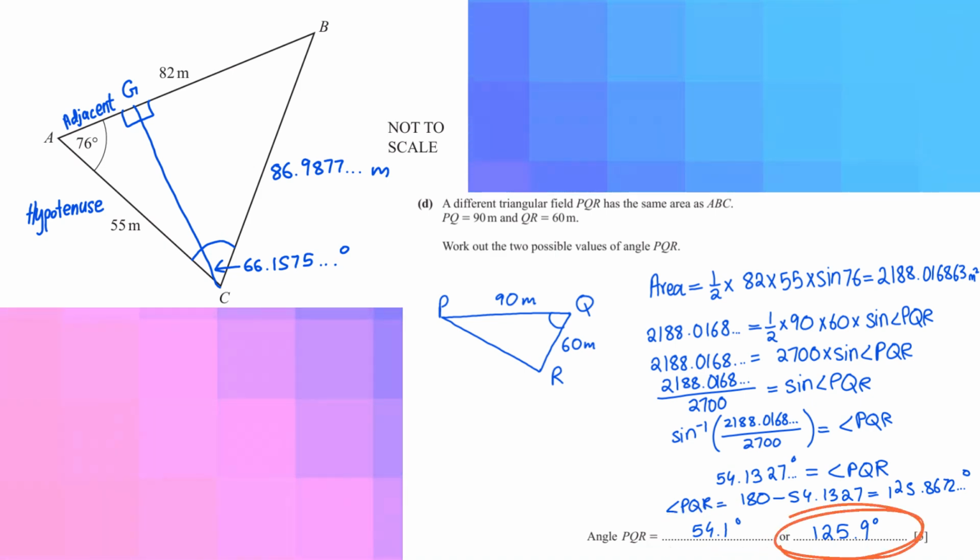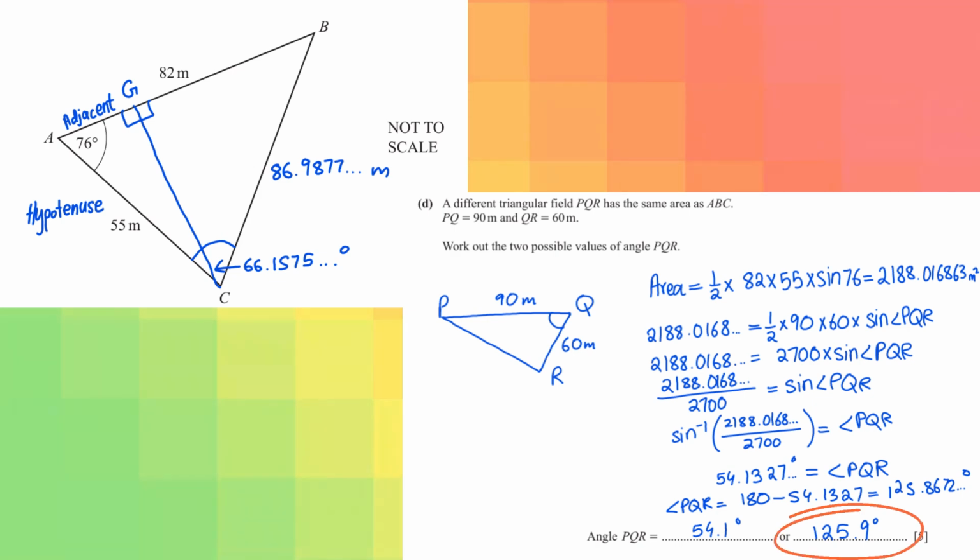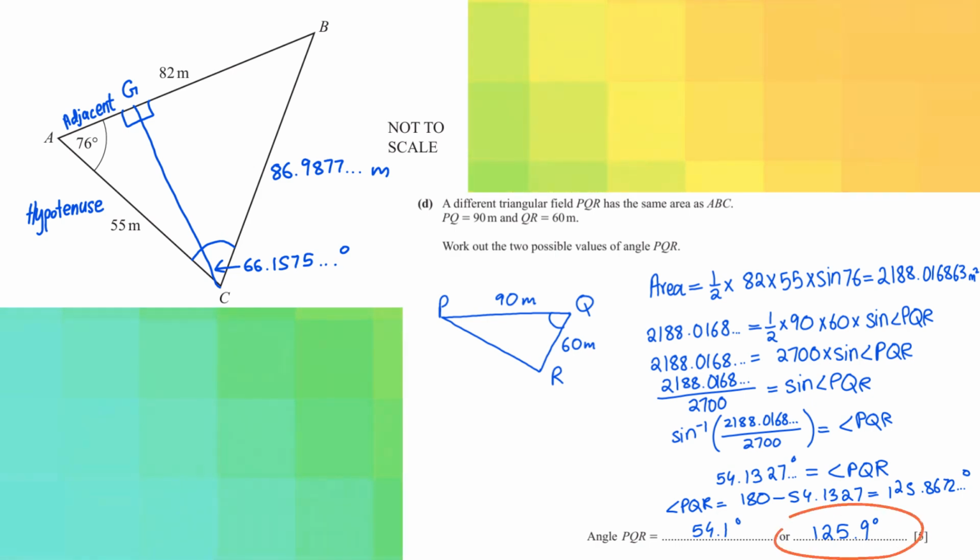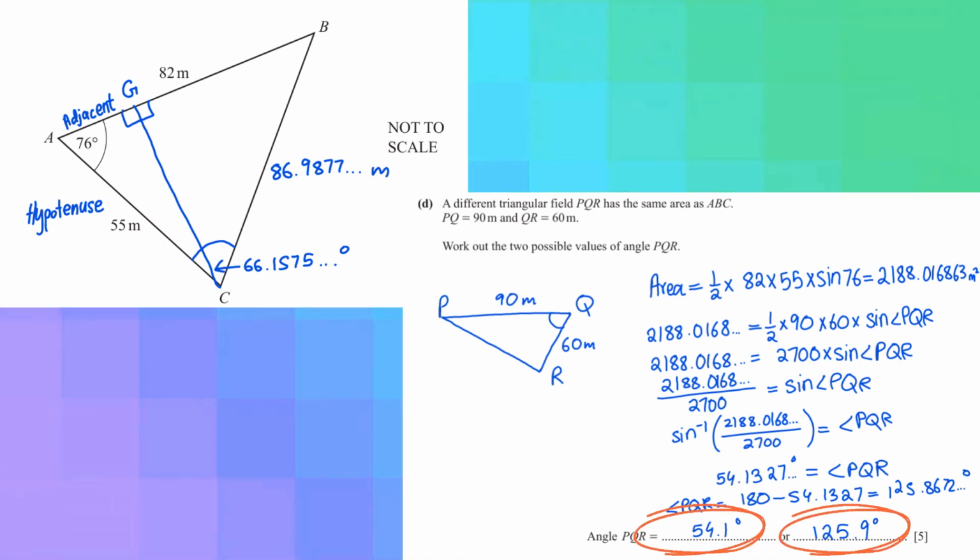However, we cannot round the other obtuse angle value to 3 significant figures as our final answer because it would be 126 degrees, and adding 126 and 54.1 exceeds 180. The sum of these two values must not exceed 180 degrees. Therefore, I will round it off to 1 decimal place as 125.9. So, the answers to part D are 54.1 degrees and 125.9 degrees.